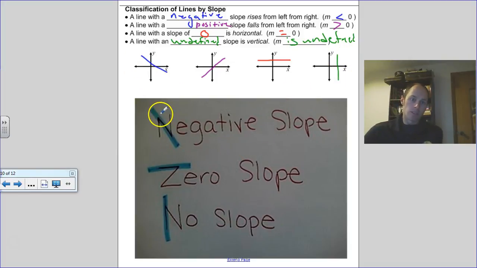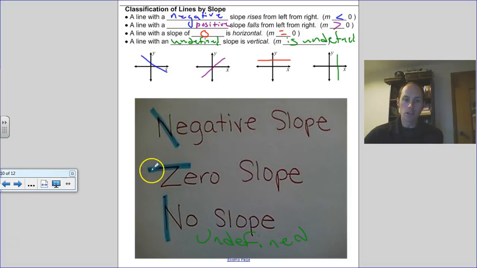And so, there are different ways to remember it. Negative going down, left to right, 0 going flat. And here's where I made a mistake and I have to go back and reteach you, but hopefully this works. No slope, we can refer to as undefined. So if it's undefined, it has no slope. It doesn't have one. Okay, I didn't explain that very well at first.